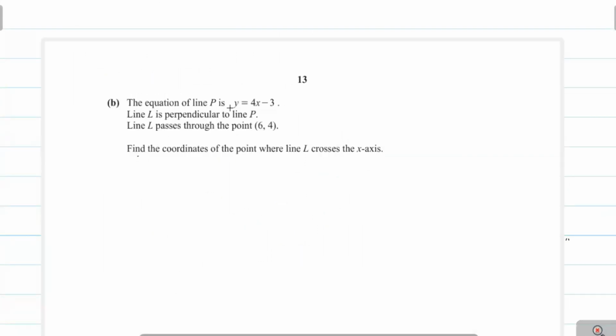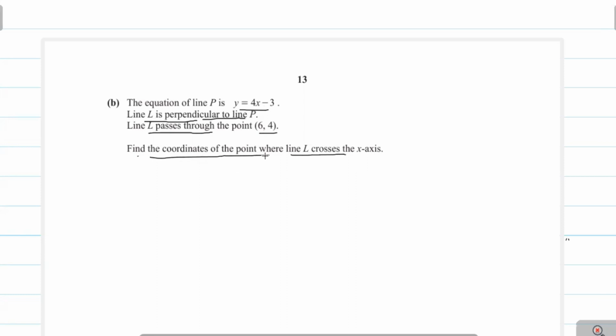Part B. The equation of line P is y equals 4x minus 3. Line L is perpendicular to line P. Line L passes through (6, 4). Find the coordinates of the point where line L crosses the x-axis.